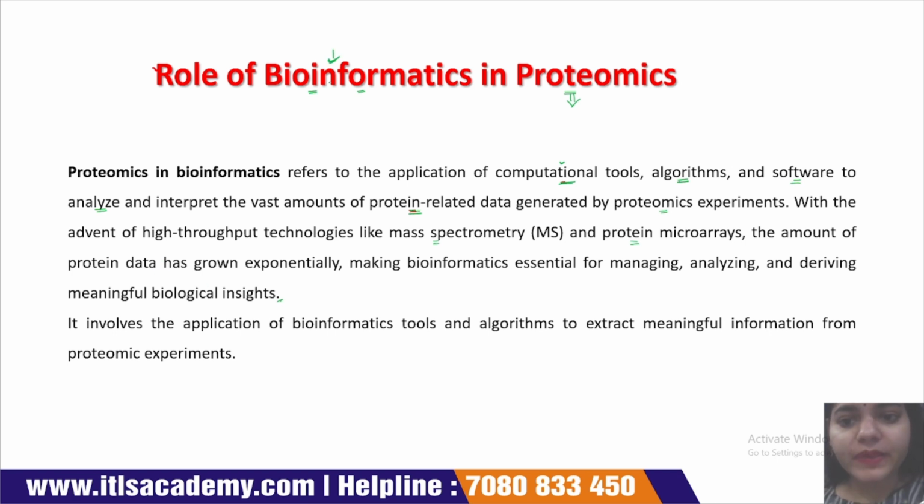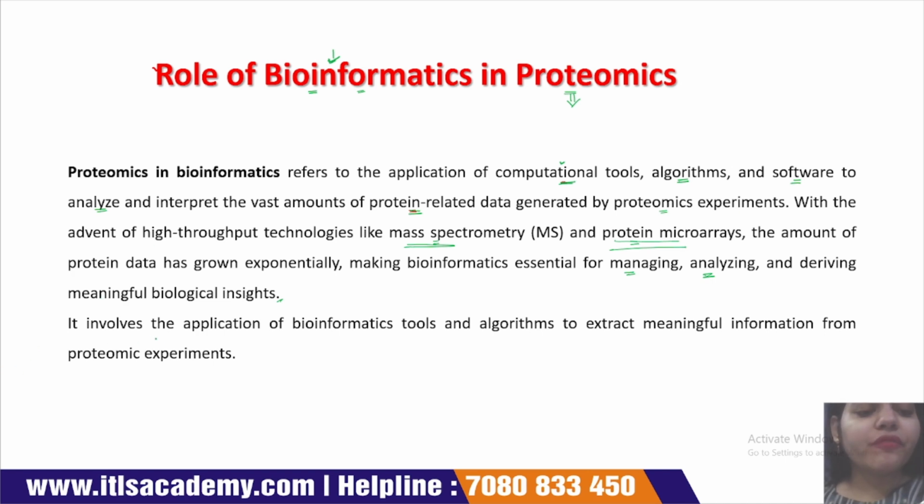In bioinformatics, we manage, analyze, and interpret the data generated via high-throughput proteomic techniques such as mass spectroscopy and protein microarray.